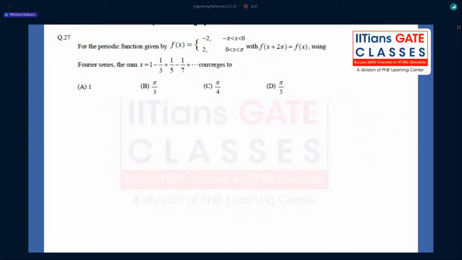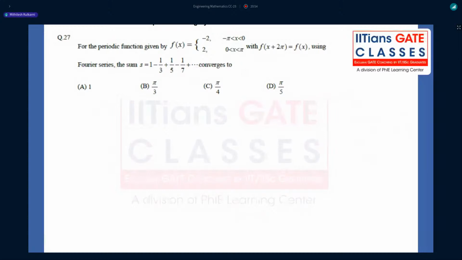What is Fourier series? The definition or the form of the Fourier series. Can we apply it directly, or do we have to do some adjustment here?